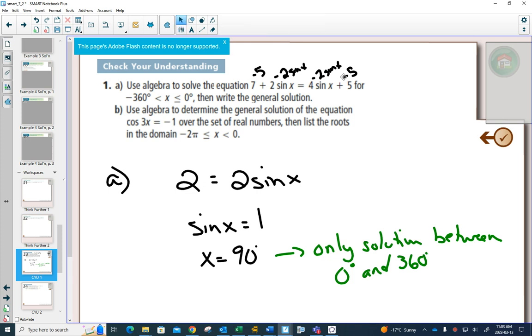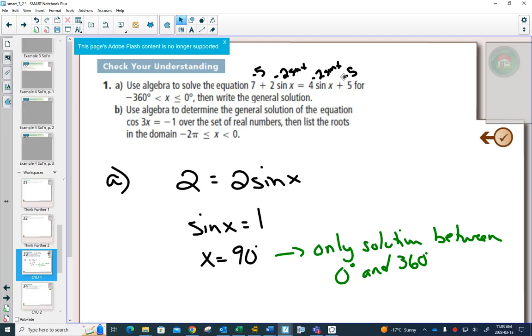It's a very good strategy, before you look back at the question and realize our answer is wrong, is always to solve once around the circle in the positive direction. So there's only one solution when I go around the circle in the positive direction. That would be 90 degrees.